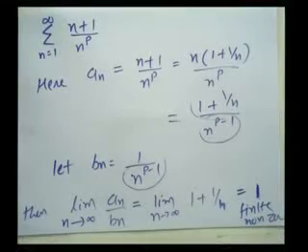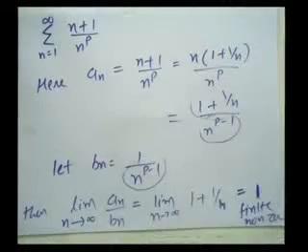So as we discussed in the previous example, sigma an and sigma bn both converge or diverge together. Now we just need to decide whether both series are convergent or divergent.